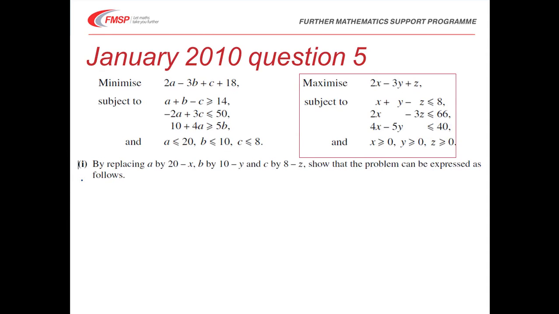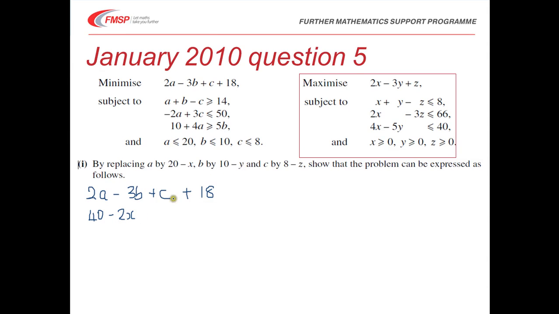So by replacing A by 20 minus x, B by 10 minus y, etc. we'll start first of all with the objective function. So let's see if we can convert that. So we have the function 2a minus 3b plus c plus 18. So everywhere we have an a, we have 20 minus x, so that's going to be 40 minus 2x.